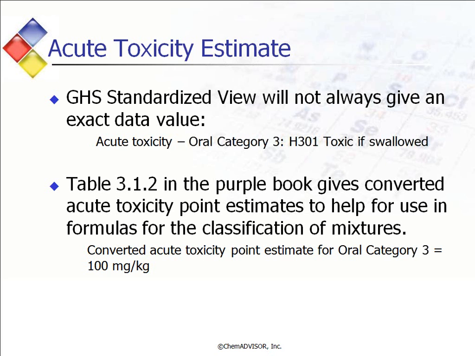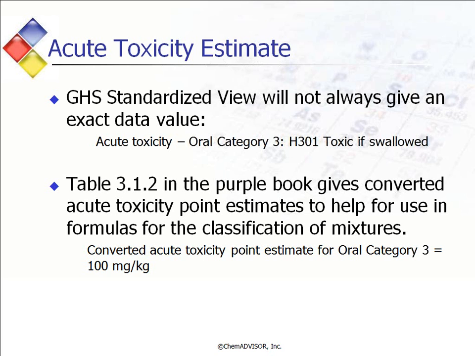Acute toxicity point estimates: when we need to do a mixture classification, sometimes we have information on substances that really just consist of the published classification or the classification that our vendor has provided. We don't have the data point that could back up that classification. So if we query a chemical and there are no tox or ecotox endpoints, then we have some additional work to do for the toxicity values to convert them to acute toxicity point estimates that we can then utilize in additivity formulas.